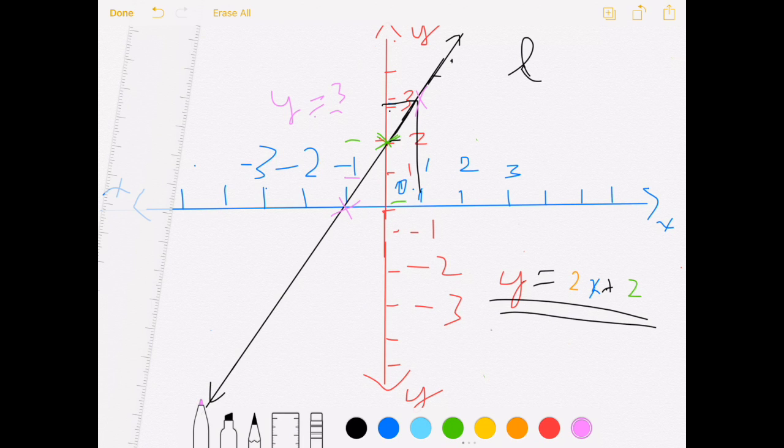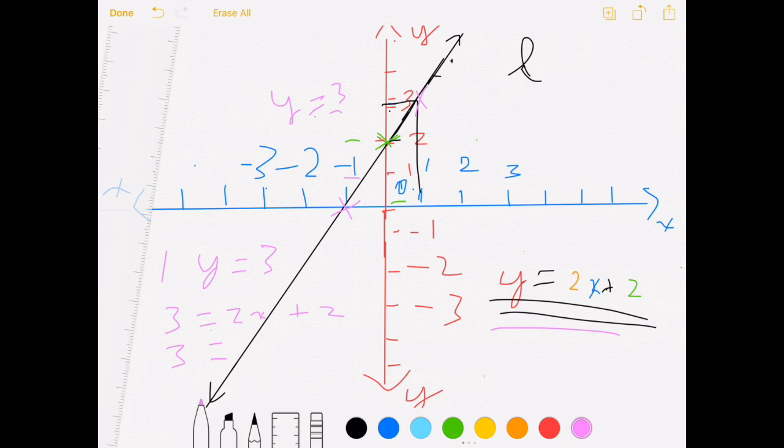So now we substitute into this formula. So y equals 3. Therefore, 3 equals 2x plus 2. So we can subtract 2 from this to find that 1 is equal to 2x. So we find that x is equal to 1 over 2, or x is 0.5, or a half.